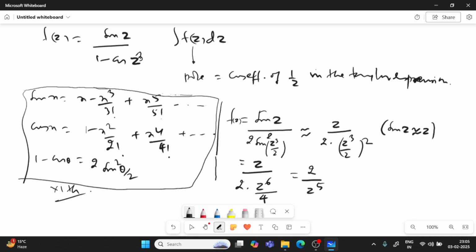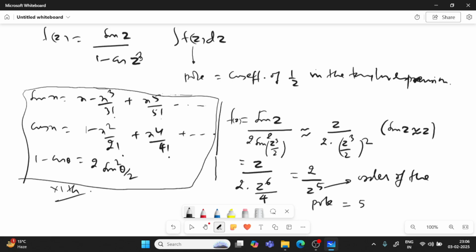So we have nothing to do with what other terms are appearing here. We have to only consider what is the order of the pole. One can see easily that the order of the pole is nothing but the power of z in the numerator, which is equal to 5.